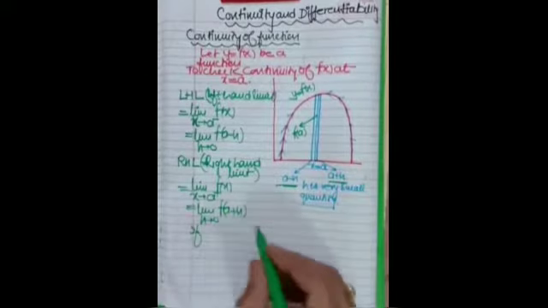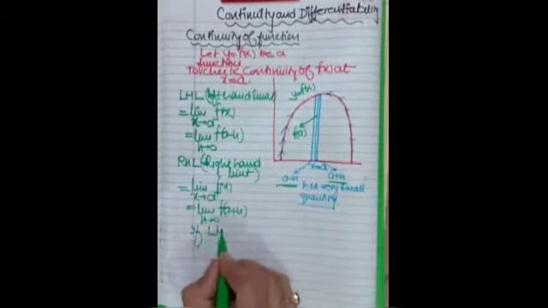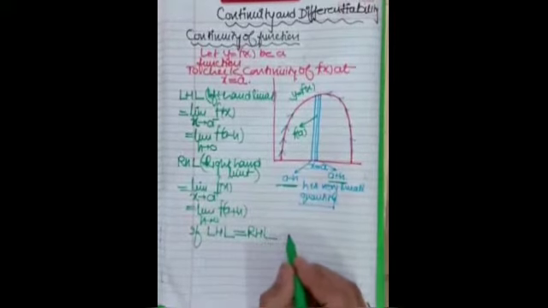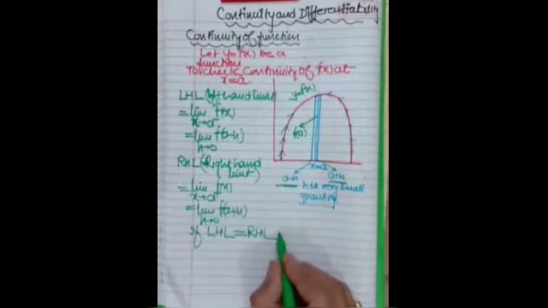Now children, if the left hand limit is equal to the right hand limit, as I told you in the previous lecture, when LHL and RHL both are equal, the limit exists.